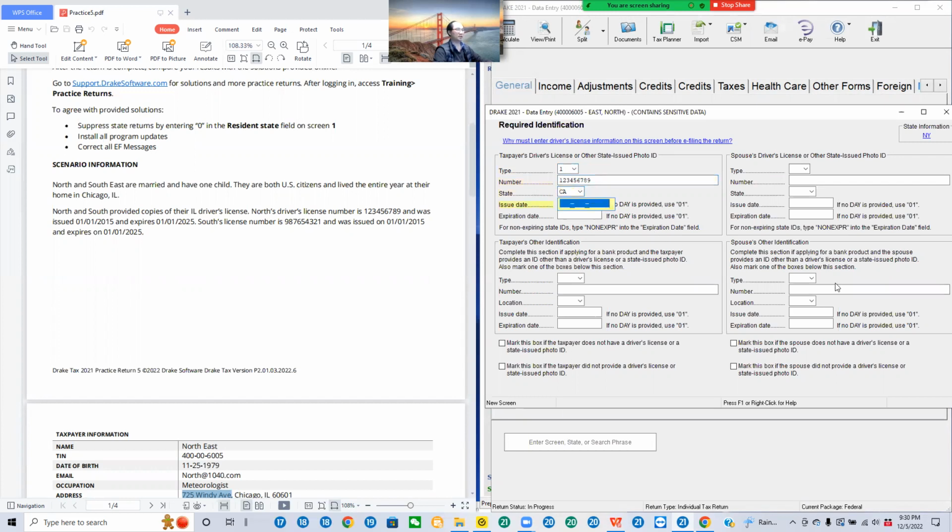I changed it to California. We can have a place for the ground to go into.